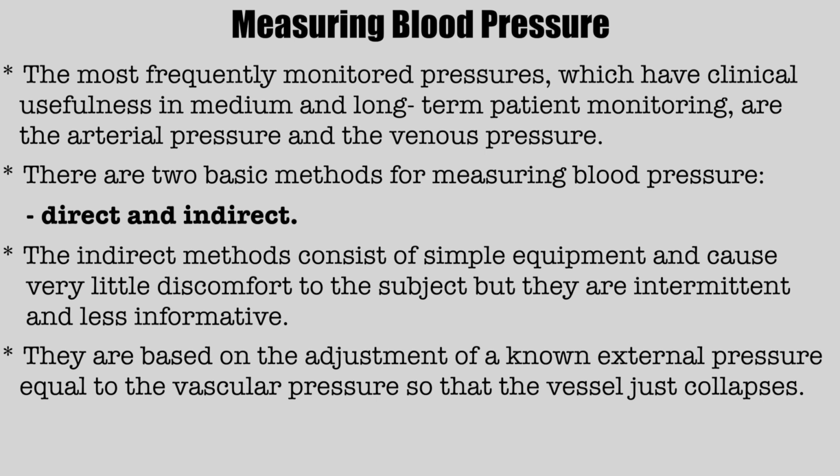The indirect methods consist of simple equipment and cause very little discomfort to the subject, but they are intermittent and less informative. They are based on the adjustment of a known external pressure equal to the vascular pressure so that the vessel just collapses.